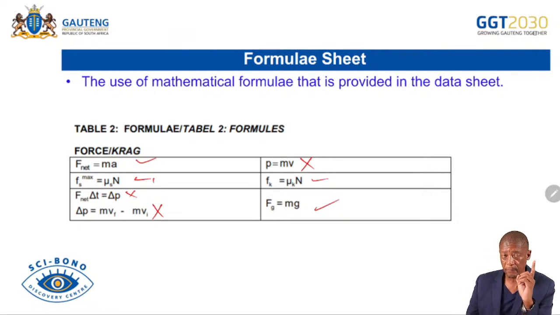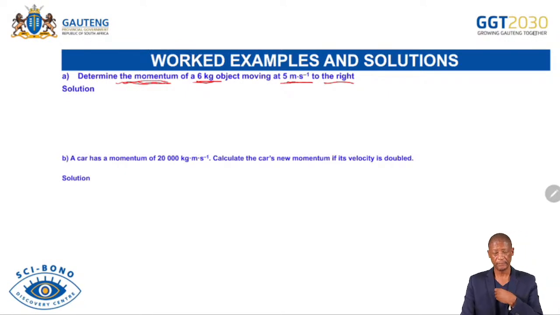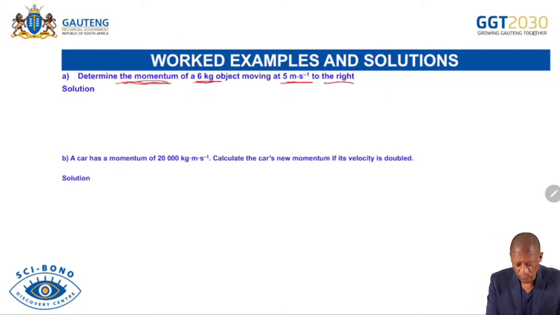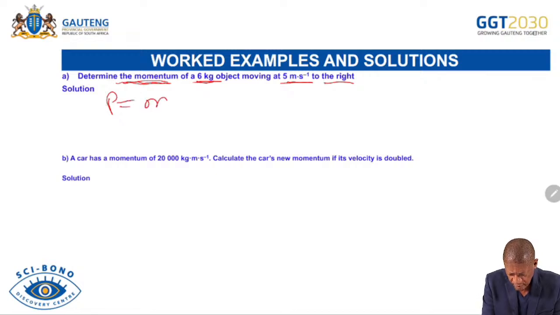Let us check it. P equals mv. Or P, it's for momentum, equals m for mass, v for velocity. I think this one is the correct one. It's the one that we are looking for. All right. Now we know for a fact that we are looking for P equals mv.